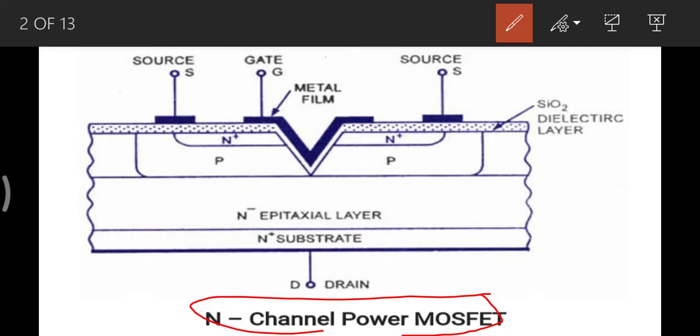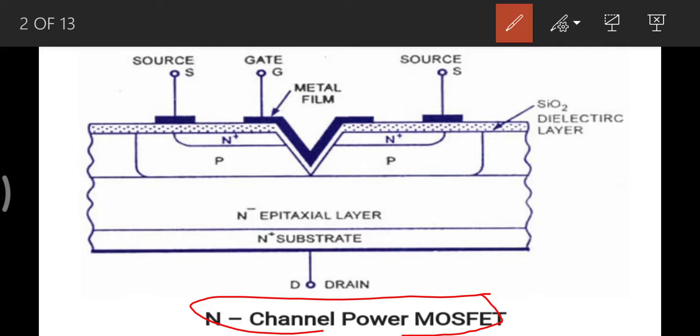See here, what is the difference between the MOSFET and the power MOSFET? Power MOSFET is designed to handle high level voltages. Generally, a normal MOSFET is operated for normal electronic voltage, that means low level voltage, but power MOSFETs are specially designed to operate at high level voltages.